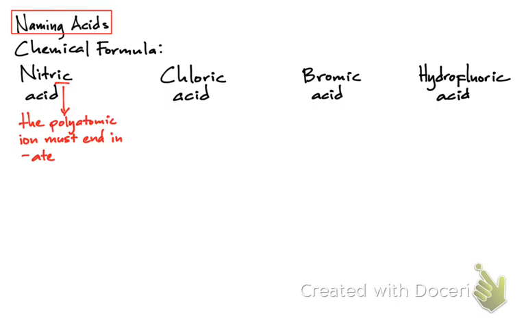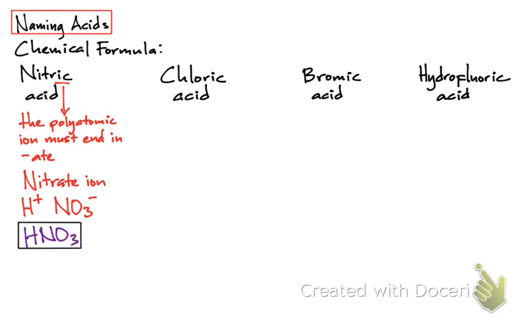And so this would be based off of the ion nitrate. All right, so the nitrate ion is NO3 with a negative charge. And so if you were to react this with a hydrogen ion, H+, and you perform the crisscross method, you get HNO3. So that would be the chemical formula of nitric acid.